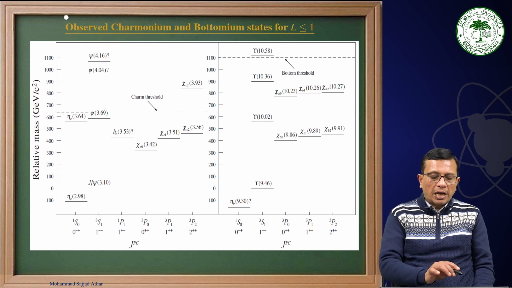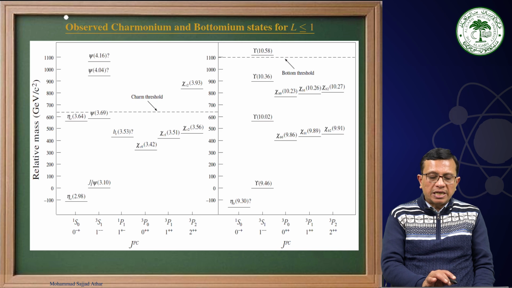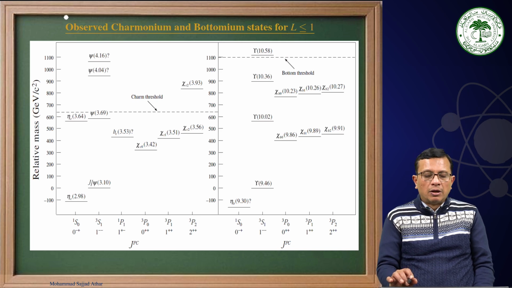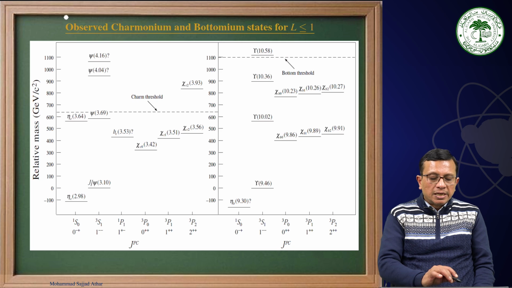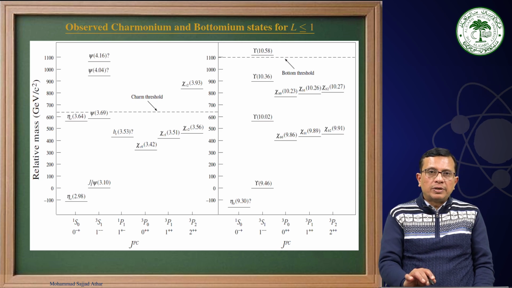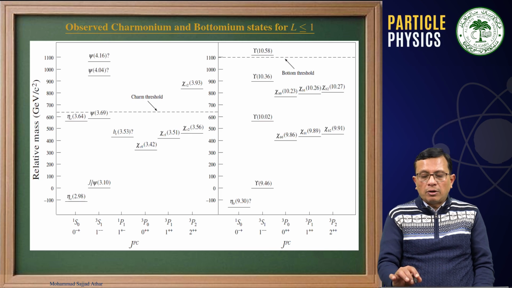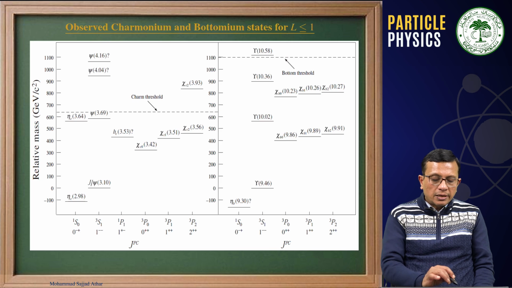Here, for example, I am showing it on the left-hand side for the charmonium states and on the right-hand side for the bottomonium states. As you can see, there are various mesons which consist of C C-bar on the left, and on the right they consist of B B-bar.